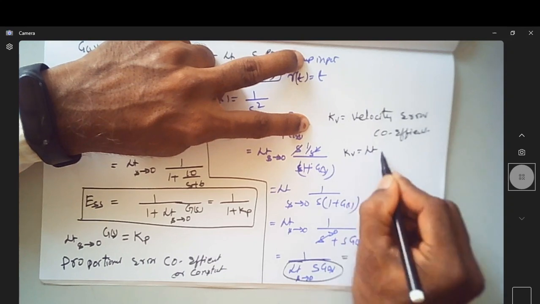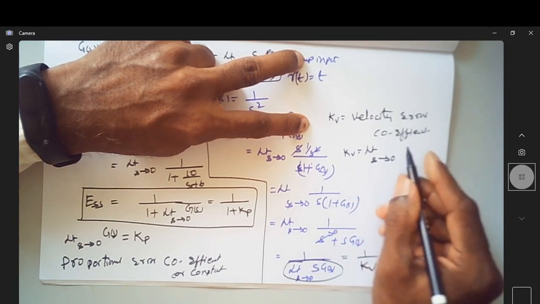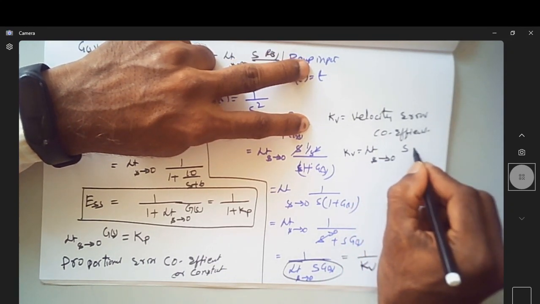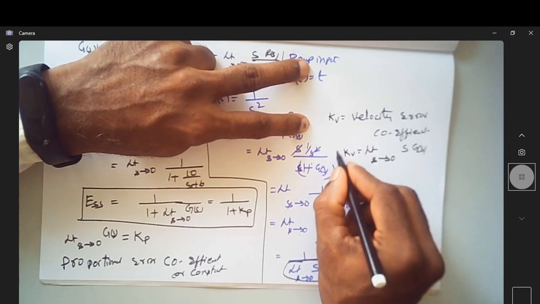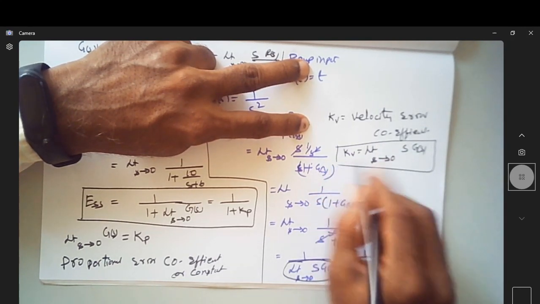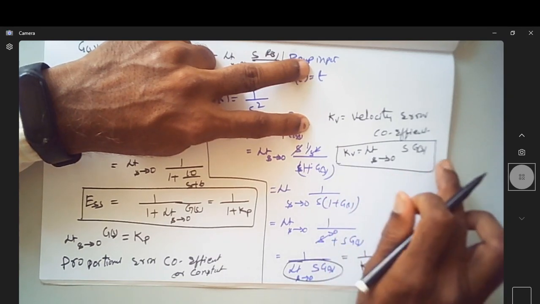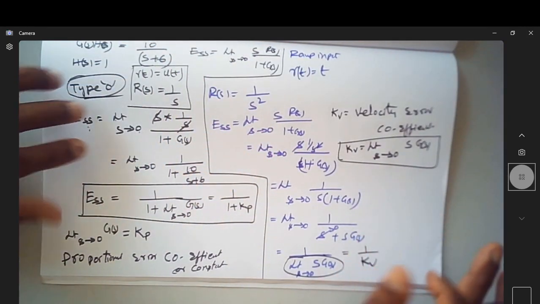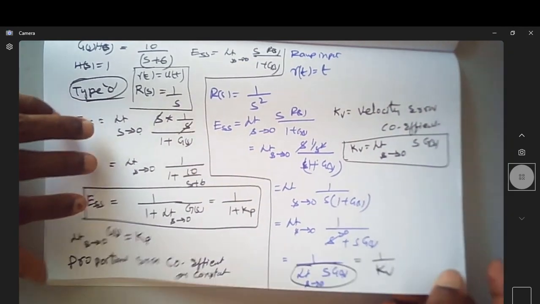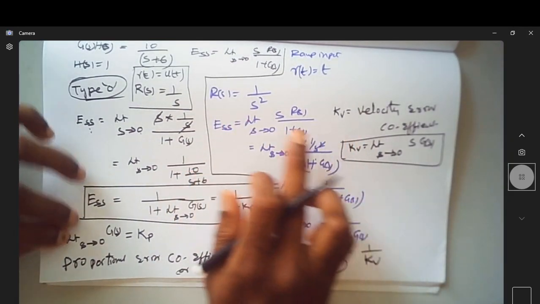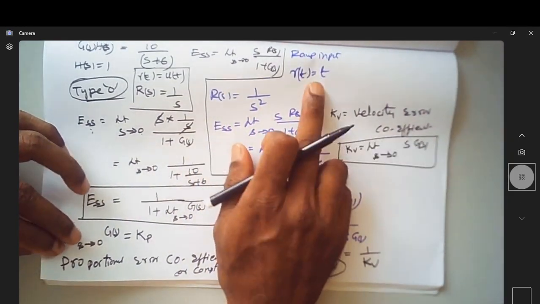So KV is nothing but limit of s tending to 0 of s into GFS, because you can write GFS into HFS, but HFS has to be 1. This is for a ramp input.